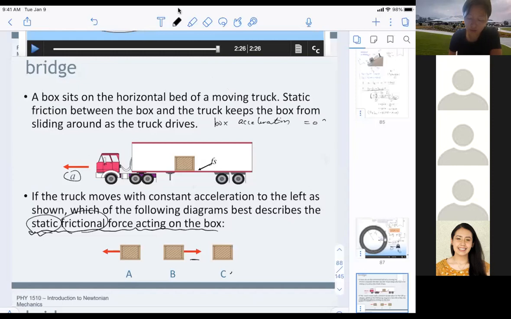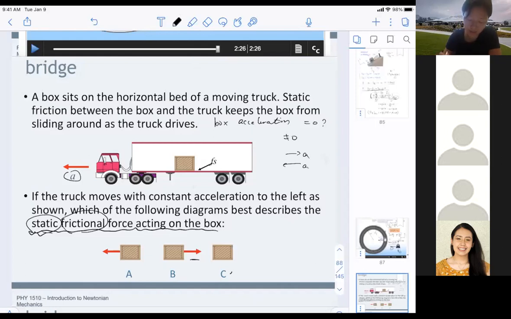Is it zero or is it non-zero? If it's non-zero, is it pointing to the right or to the left, just like the truck? Its acceleration has to be to the left, pointing with the truck, because it's inside the truck. So it's kind of like when you ride a car, you don't just stay behind. Very good, Jacob.